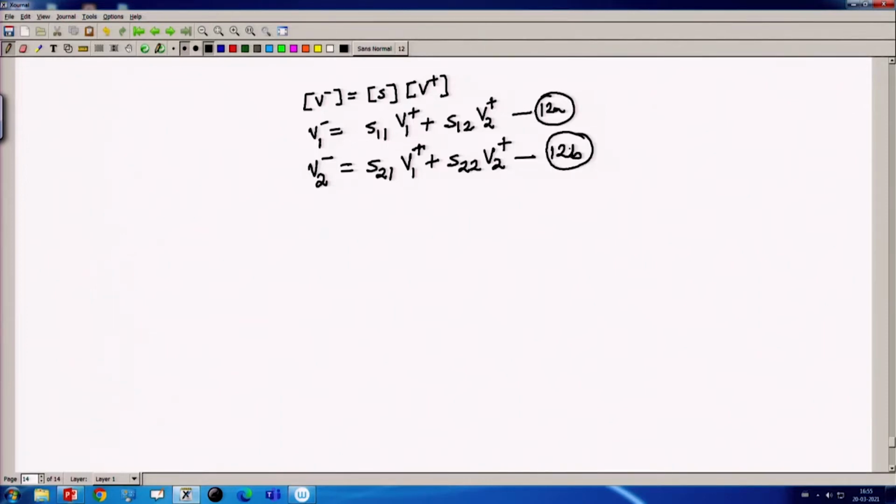So these two equations are the magnified or the explicit form of this equation for the two port network.